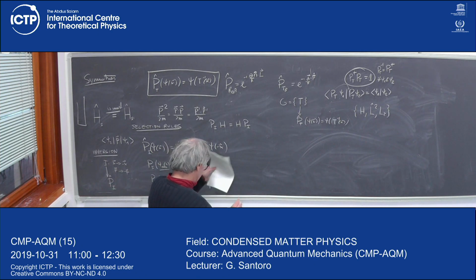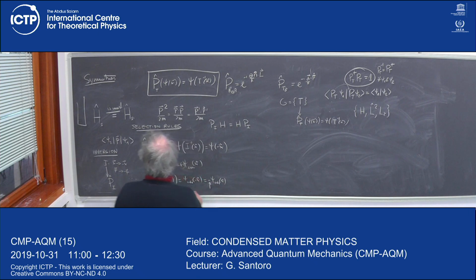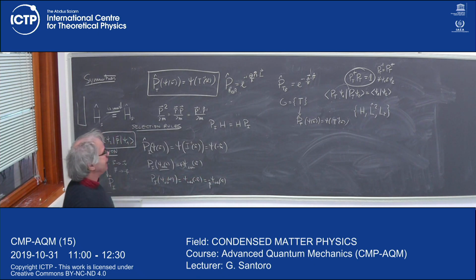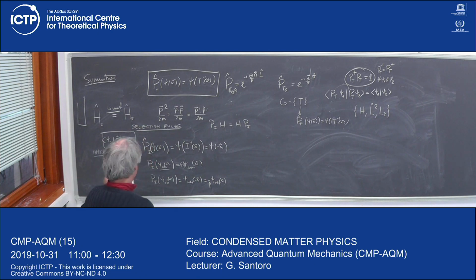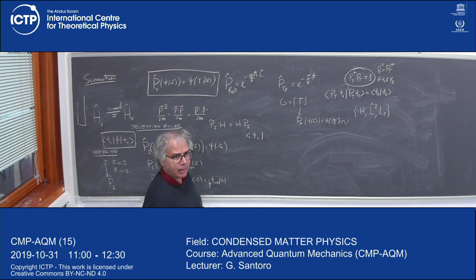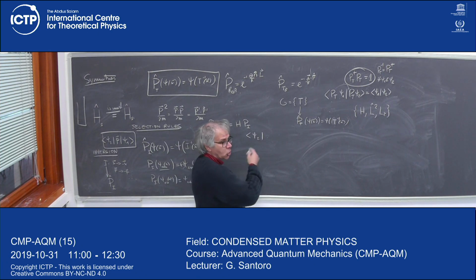But the interesting thing is that, suppose I now ask you to try to calculate this object here. Well, tell me the parity of the two states. These are states of given parity, because they are eigenstates, for instance, of a given Hamiltonian with a certain parity. They are even or odd.